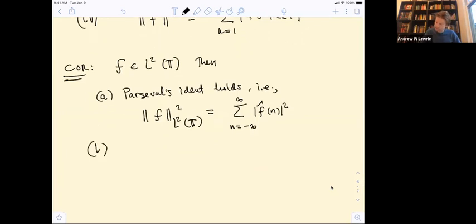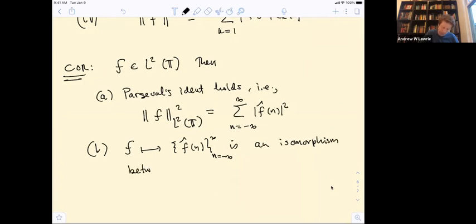B, f goes to... so if I take f and associate to it its family of Fourier coefficients, this is an isomorphism of Hilbert spaces, L2 of T to little l2 of Z.